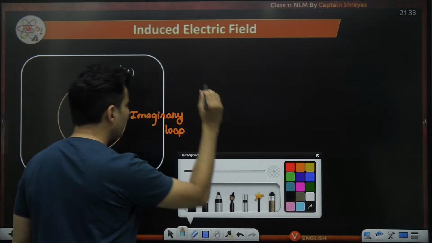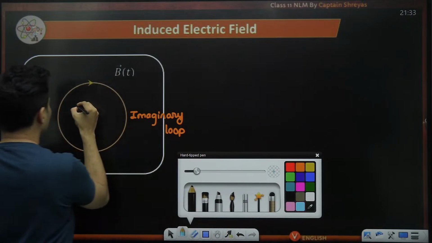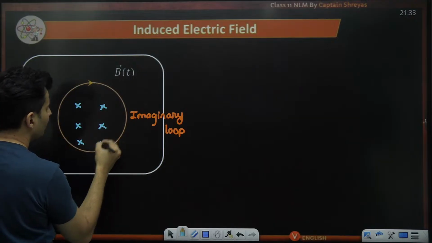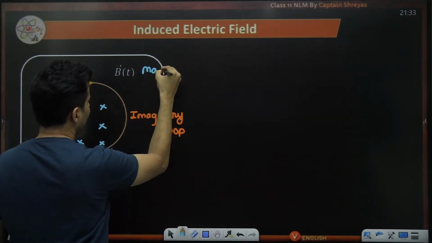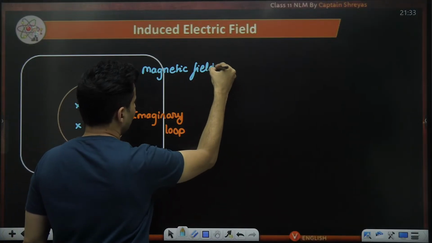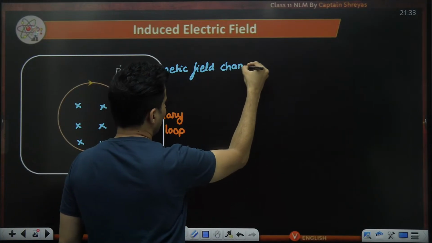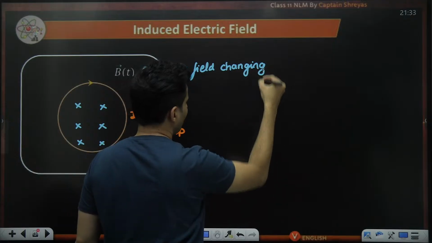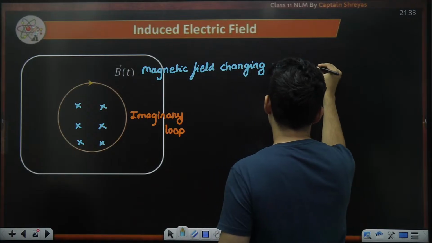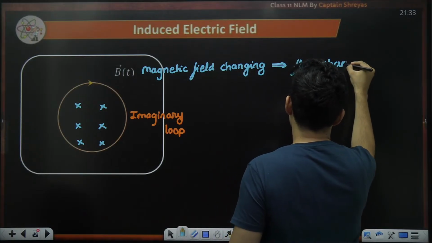But everything else is the same. So there is this magnetic field, and this magnetic field is changing. Because of that, obviously, there will be a flux change.